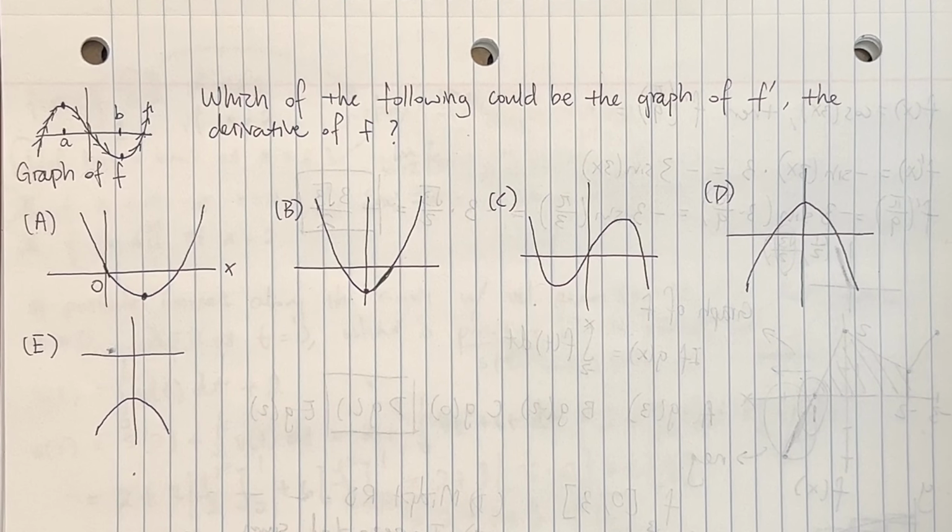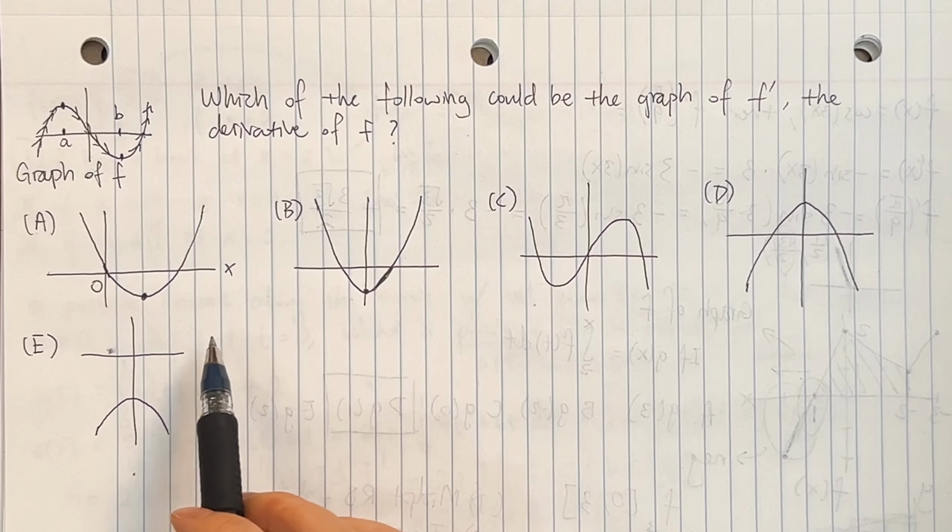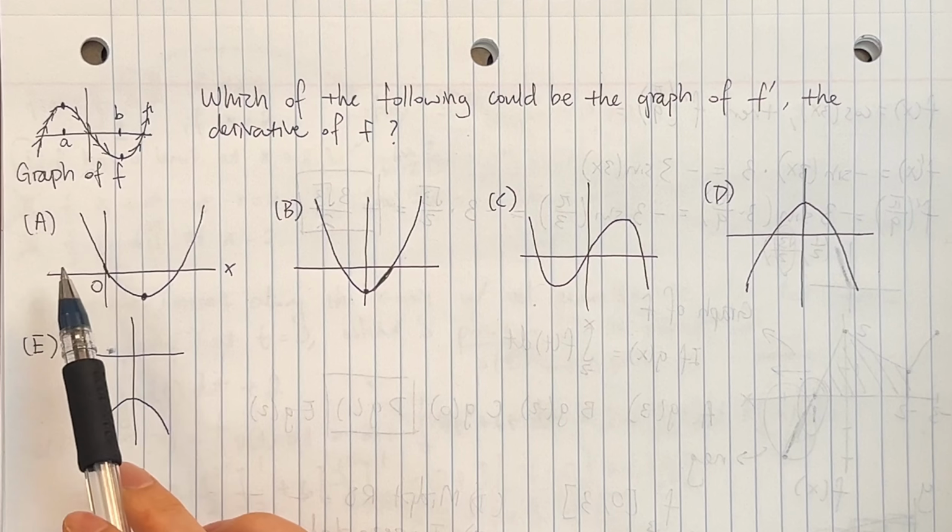You can see that A must be a negative number, because it's on the left side of the origin.